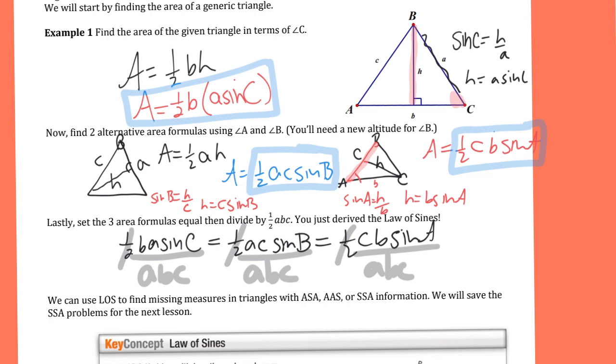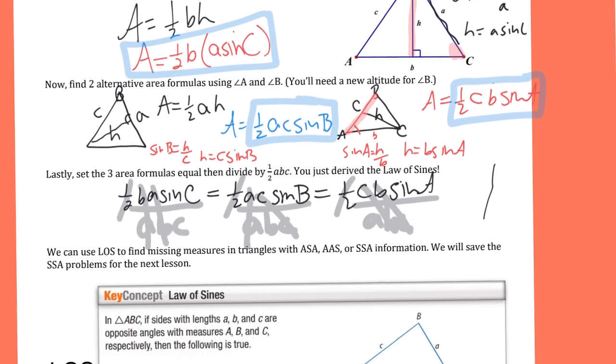In this first one, A and B cancel out. You're left with C. Second one, A and C cancel out. You're left with B. And the last one, you cross out C and B, and you're left with A. So the equation that remains from the area from all three perspectives will be as follows.